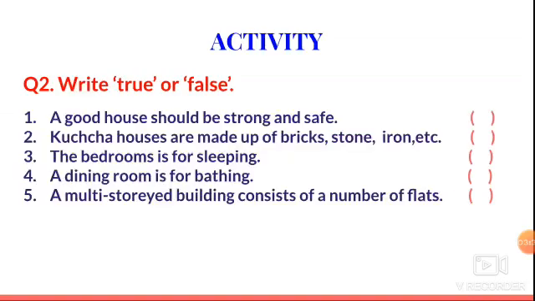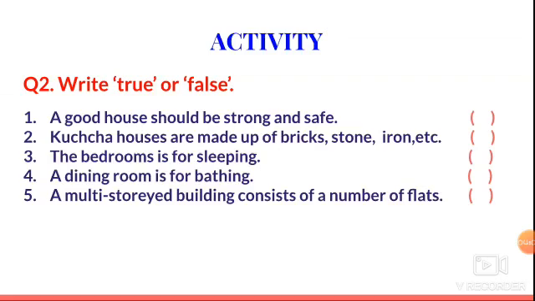The next activity is write true or false. You all have to go through these statements and then answer whether the statement is true or whether it is false. The first one is: a good house should be strong and safe. The next one is: kacha houses are made up of bricks, stone, iron, etc. The next sentence is: the bedroom is for sleeping.